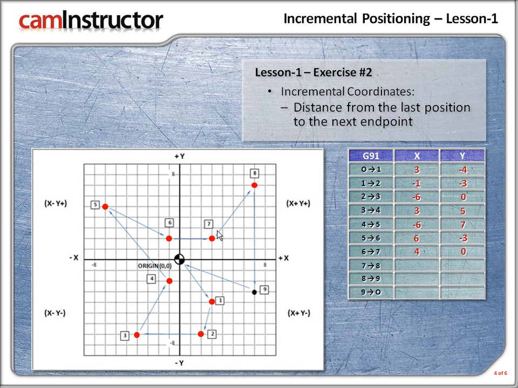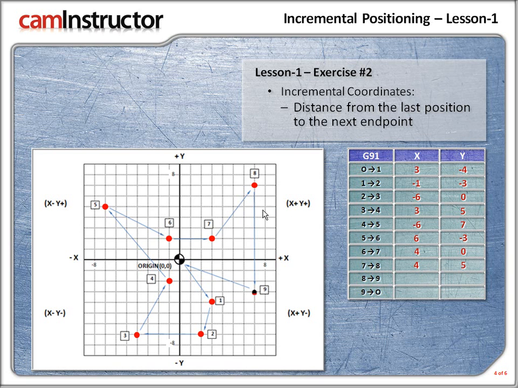And how many squares? 1, 2, 3, 4. So x will be 4. And likewise for the y, we're moving in the positive direction. And how many squares? 1, 2, 3, 4, 5. So from 7 over to 8, incrementally we move 4 in x and 5 in y.